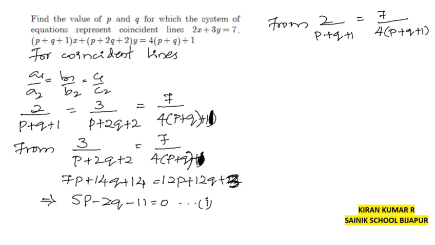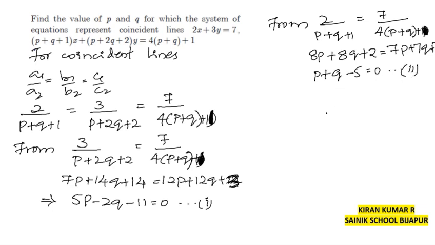Now it is correct. Now this p plus q and plus 1 is written separately. Let me cross multiply now. This will be 8p plus 8q plus 2, which will be equal to 7p plus 7q plus 7. Now simplify, we'll be getting p plus q minus 5 equal to 0. This is our second equation.